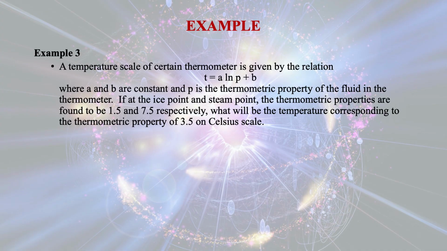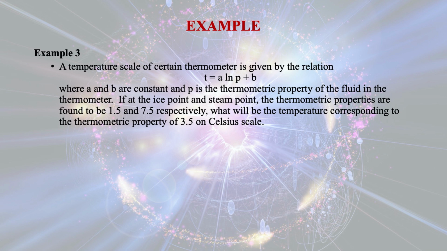A temperature scale of a certain thermometer is given by the relation T is equal to A ln P plus B, where A and B are constants and P is the thermometric property of the fluid in the thermometer.